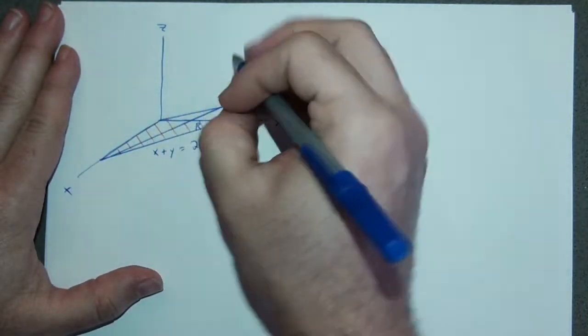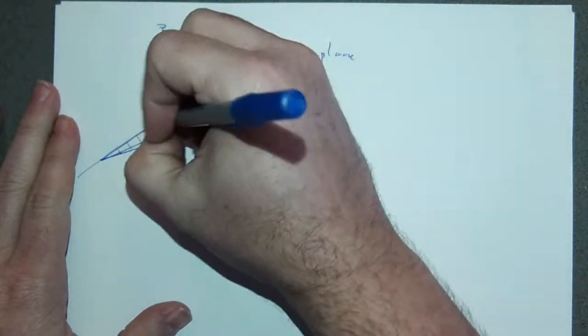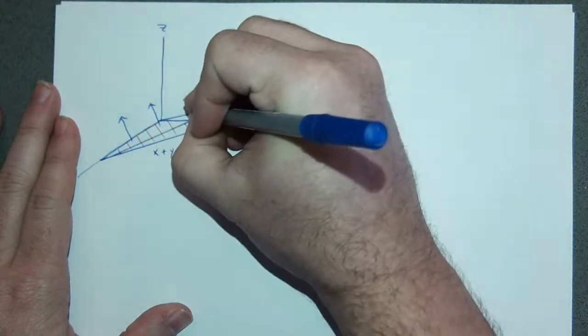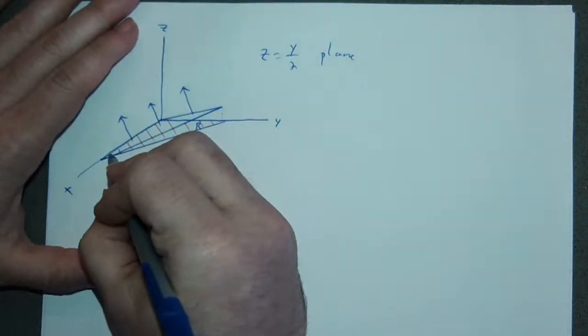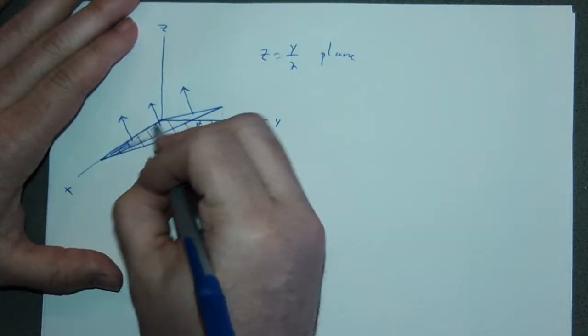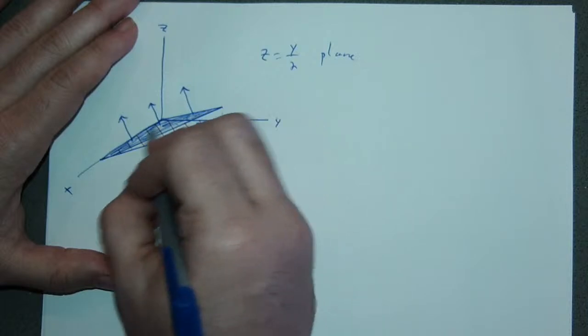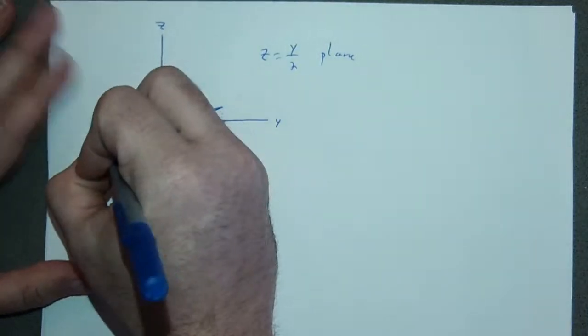And so sigma is taken to be this surface with orientation pointing up. So sigma is that triangular piece. Maybe I should shade that a little bit to show you what sigma is. So there's my sigma, this little shaded piece.